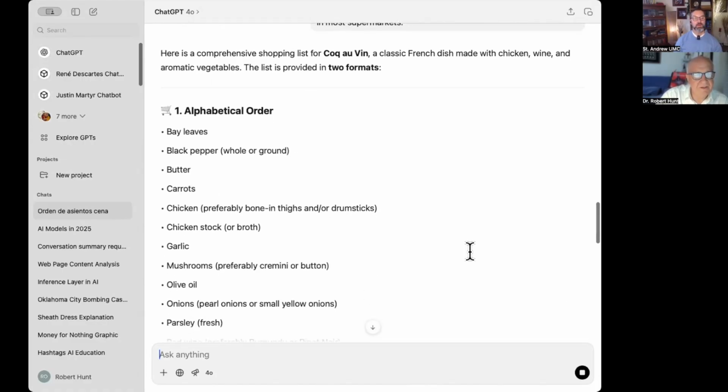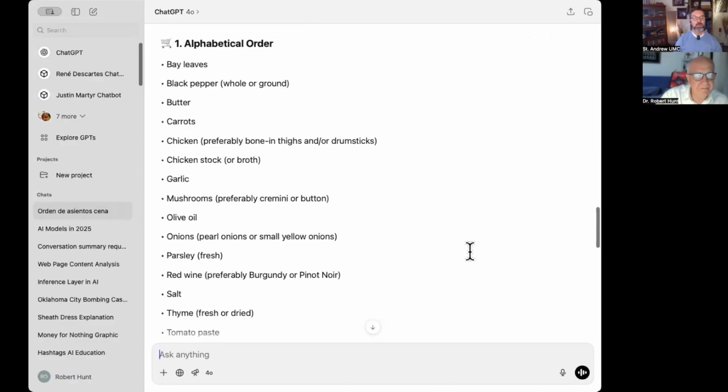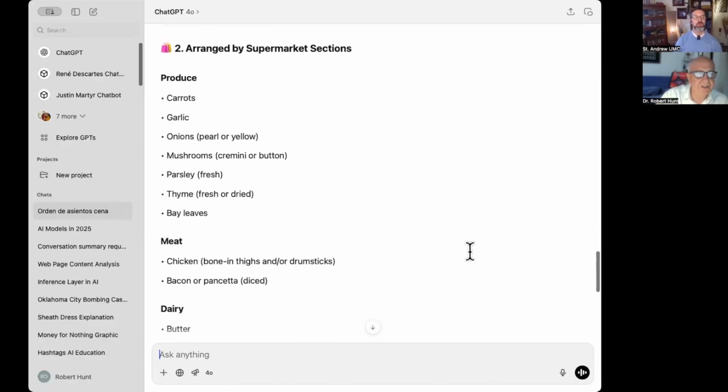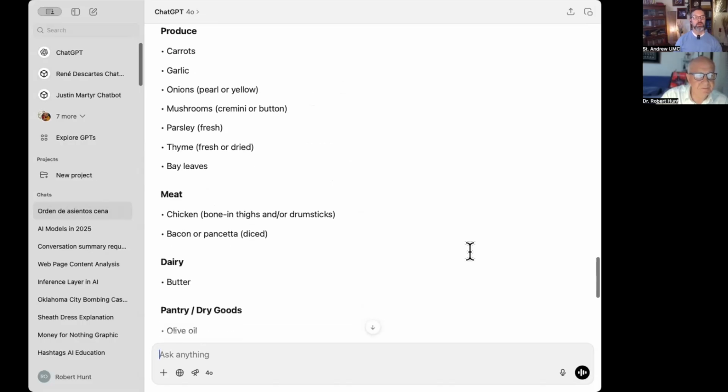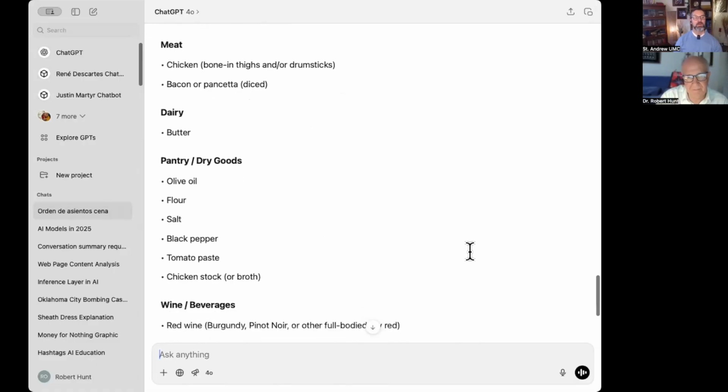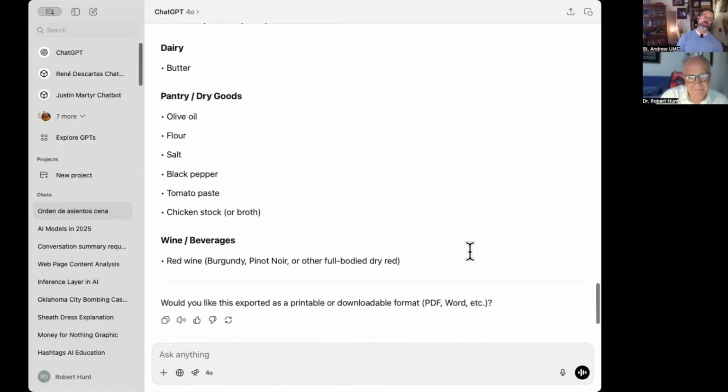Okay, so alphabetical order for all the ingredients, and then arranged by supermarket sections, so that I can use this to walk around the supermarket and find everything. Even if it's a supermarket you've never been in before, you can now just look for rows and categories. That's basically it.